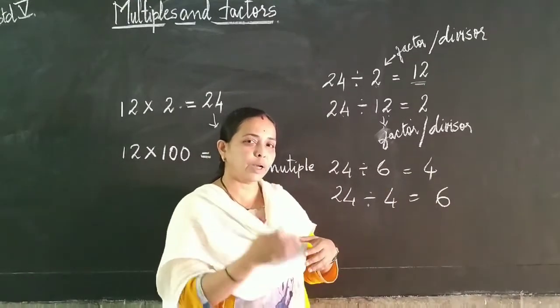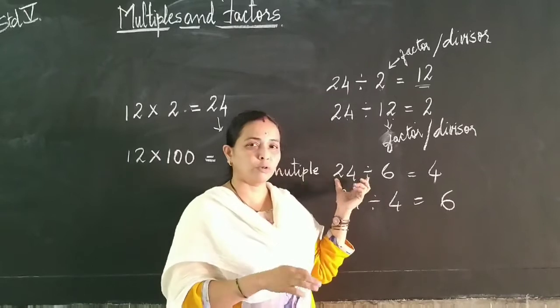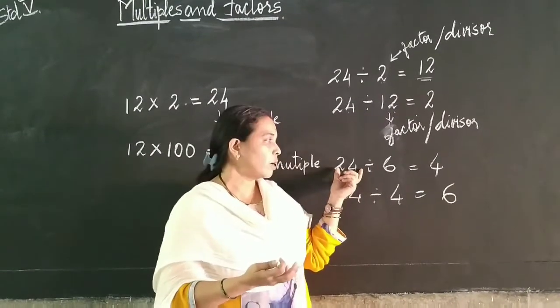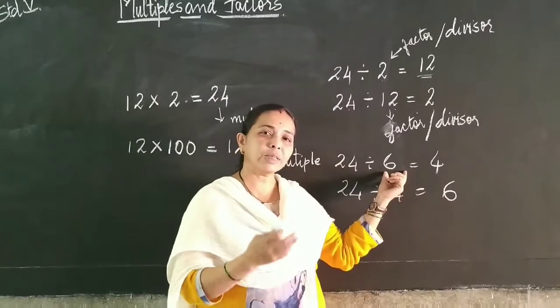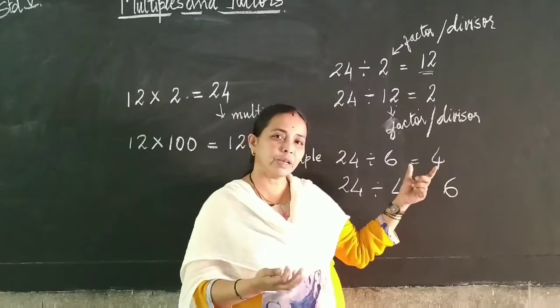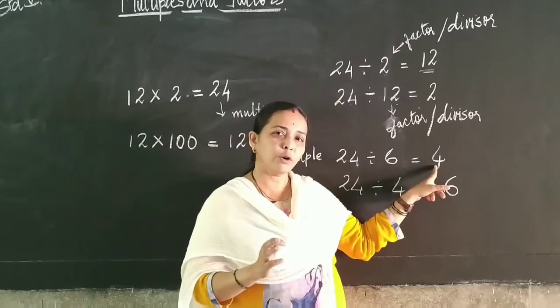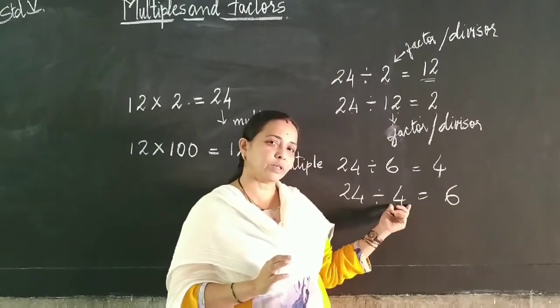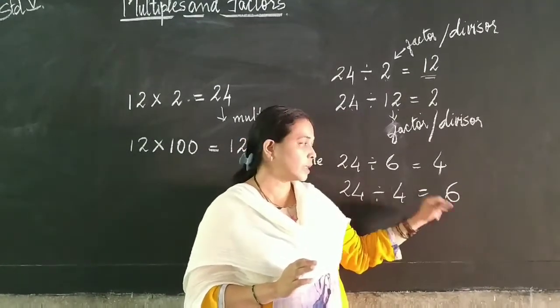Suppose you have 24 balloons, or either you have 24 chocolates, and you have to divide it among 6 students or 6 friends. So how many will each friend get? Each friend will get 4 chocolates. Suppose you have 4 friends. Then each friend will get 6 chocolates.